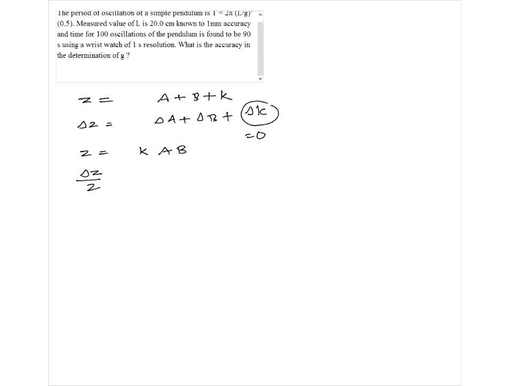Relative error in Z equal to relative error in K plus relative error in A plus relative error in B. And then you would say, well, K is a constant, so delta K should be 0. So you see again, K is not coming. In this question, that point will be valid, what I have tried to say here.